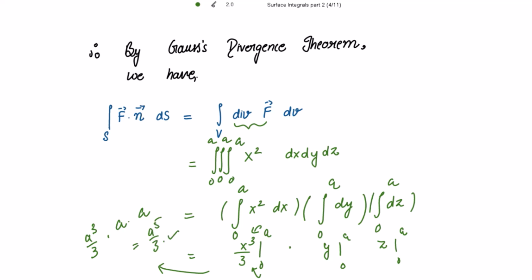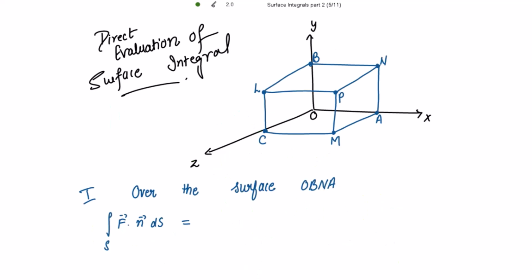And now we are going to verify the result by direct evaluation of the surface integral. So the surface of the cube is given to us, and F vector given to us is x cube minus yz i vector minus 2x square y j vector plus 2k vector, right? Now this surface cube consists of 6 faces.